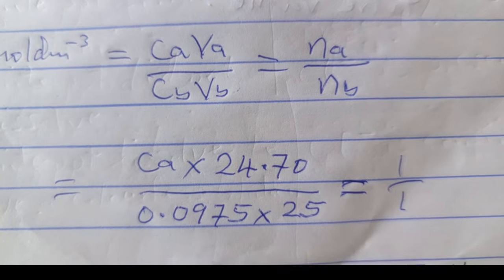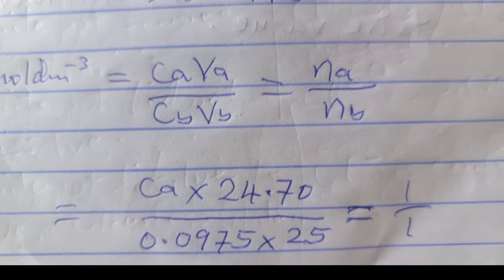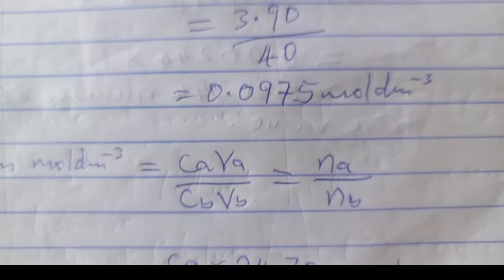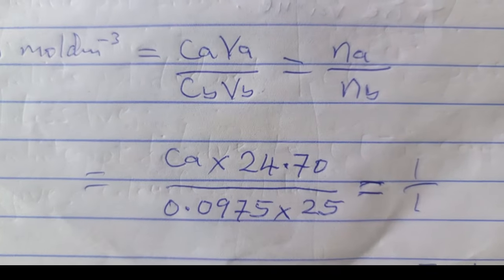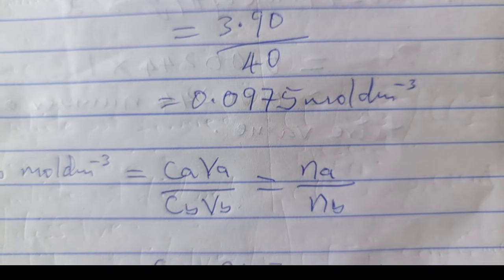What is Ca? Ca is the concentration of acid in mole per dm cube. Va is the volume of acid, which is that titer value they gave you. Cb is the concentration of B, the one you just calculated.